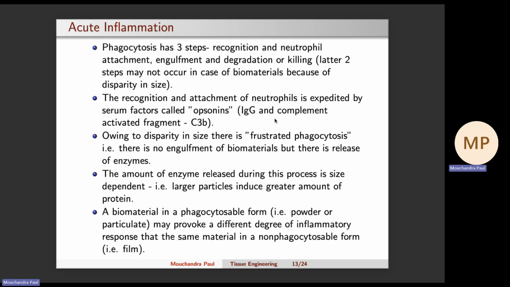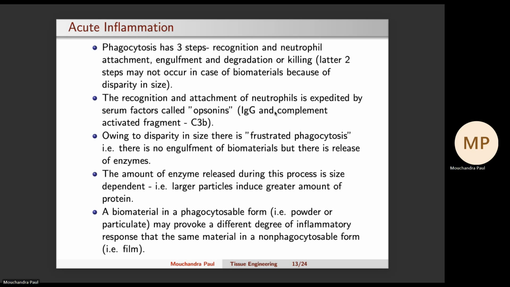So this point makes things clear: how recognition and attachment of neutrophils happens. It happens through serum factors called opsonins. These opsonins are basically IgG, which is part of the humoral immunity, IgG being immunoglobulin G, and the complement protein C3b.